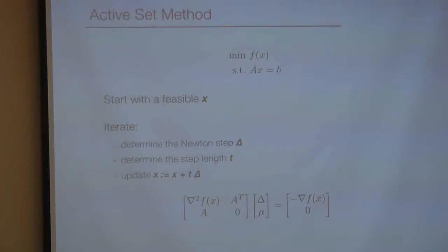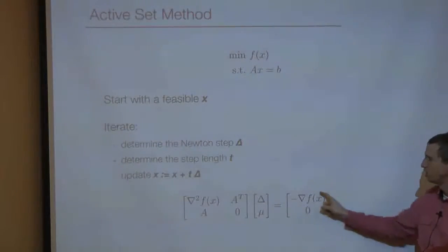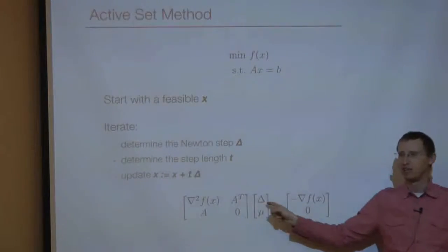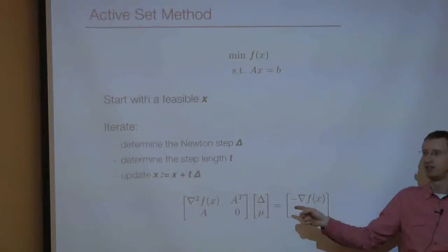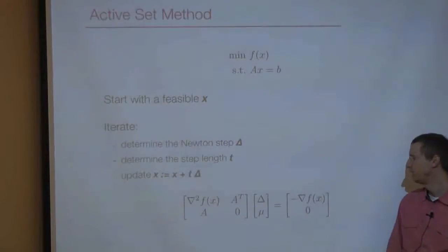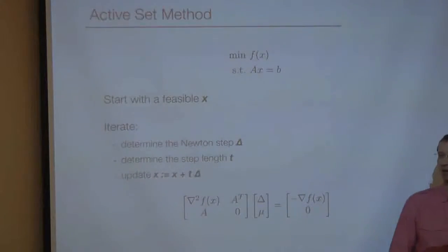At each iteration, we have to determine the Newton step, which is the solution to this KKT system. Here we have the Hessian, we have A transpose, which multiplies the Lagrange multipliers, and here we have the gradient. We have seen in the previous lectures how to derive this expression.